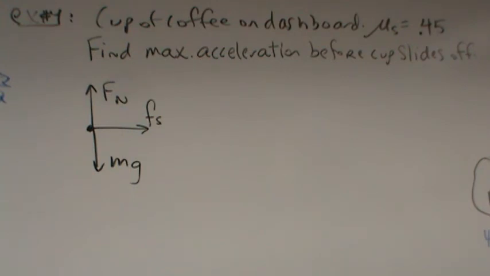So if the acceleration is too much, if friction force isn't enough to make the cup accelerate forward, then the cup will stay at rest. So you may think that the cup of coffee is spilling into your crotch, but actually the cup of coffee is remaining still. It is your crotch that's coming up to meet the cup of coffee, if you want to think of it that way. Great.